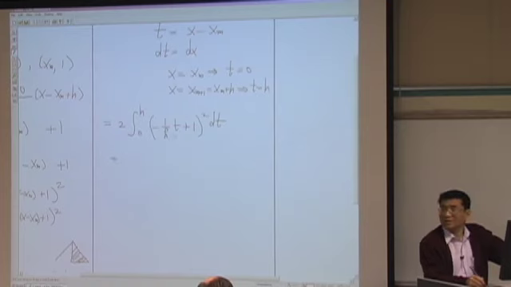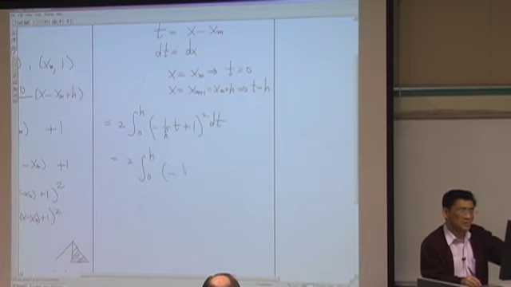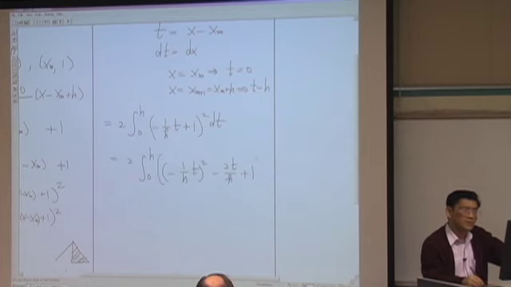Then it's just a calculus problem, right? 0 to h, (1 over h squared t squared minus 2t over h plus 1), and then integral dt.